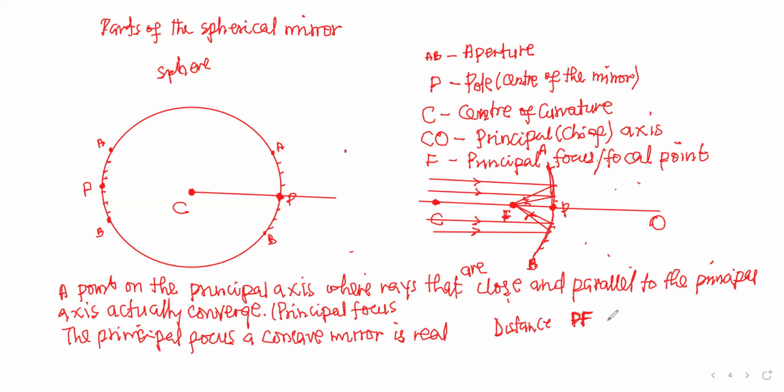The distance PF is given the name focal length, represented by the small letter f. So small letter f is the distance between the pole and the principal focus, and capital letter F is the point, which is the principal focus or the focal point. Note the difference.